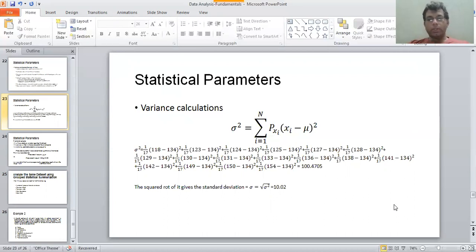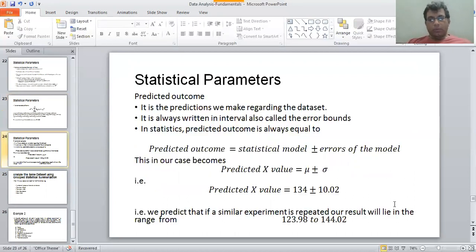and the standard deviation. Now, what do we do with it? The last thing in the analysis that we were discussing was the prediction. Now remember that in statistics, whenever we make predictions, the prediction equals the statistical model that we have got plus or minus the error term in the statistical model.